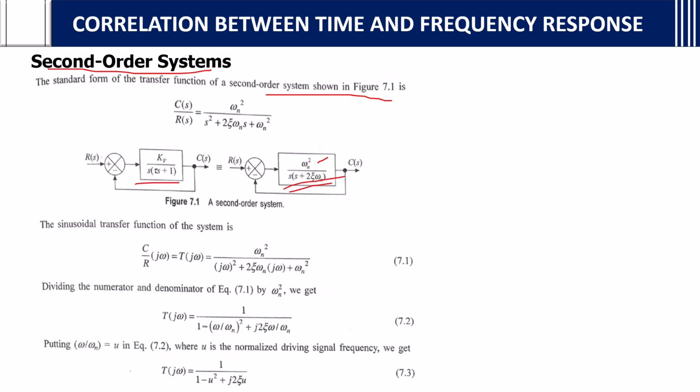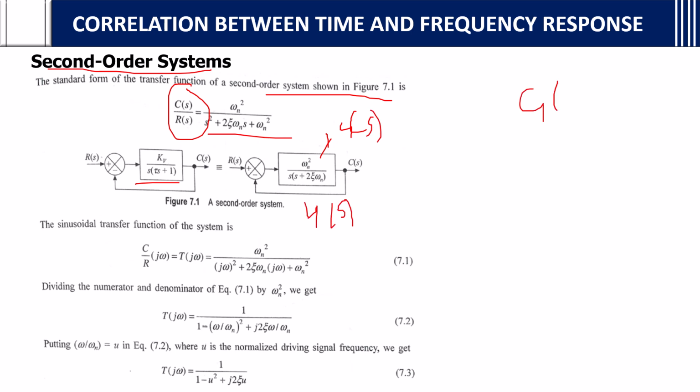If you multiply inside, how can you write it? S square plus 2 zeta omega n s plus omega n square. C of s by R of s needs to be found. This omega n square by s into (s plus 2 zeta omega n) is G of s, and we are left with H of s as 1.